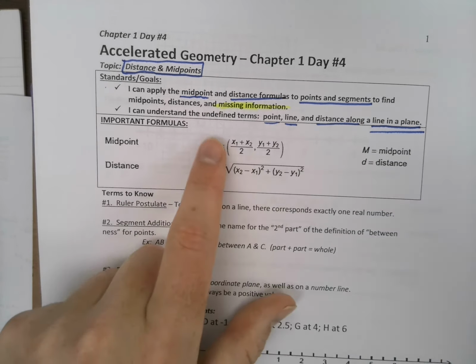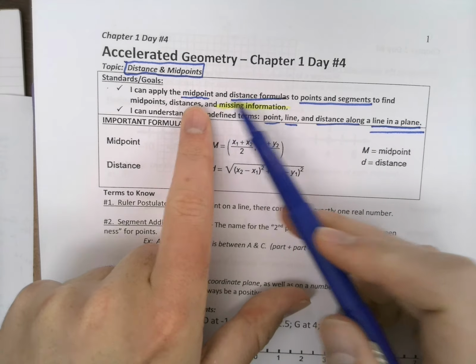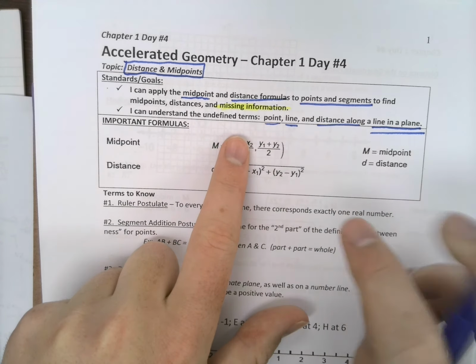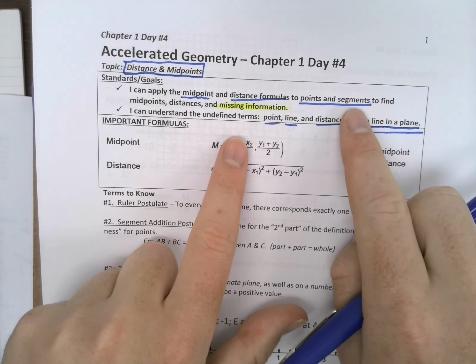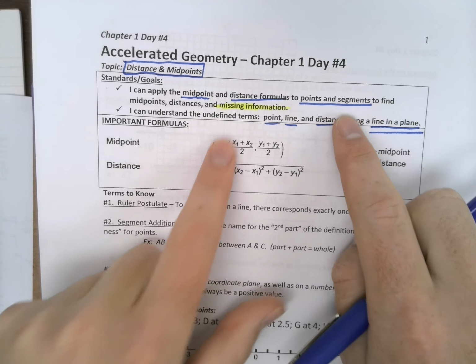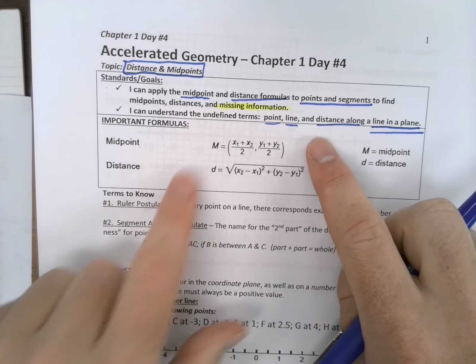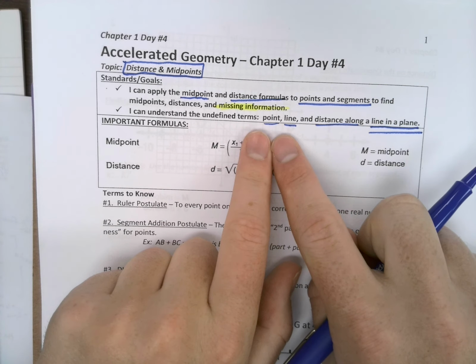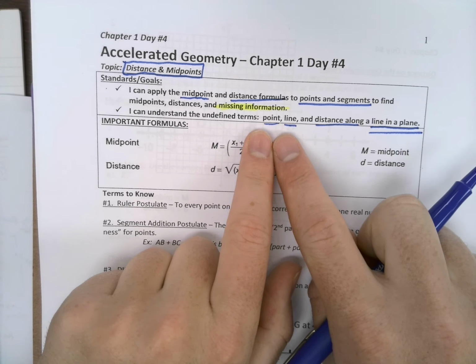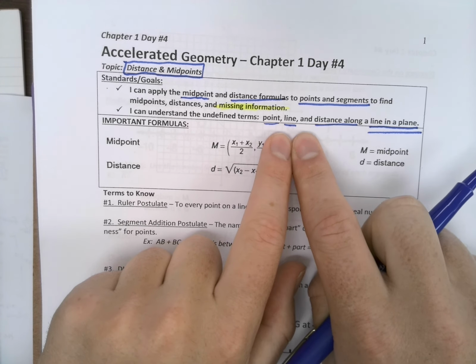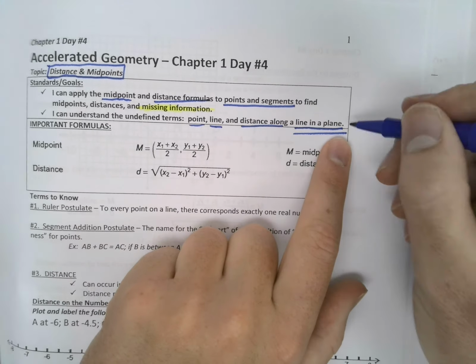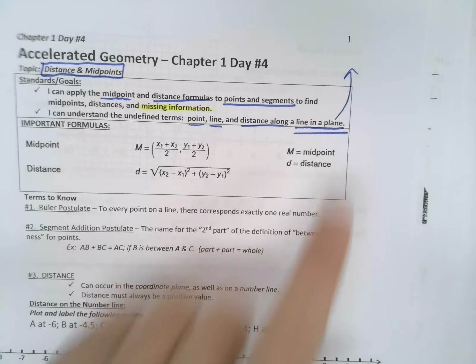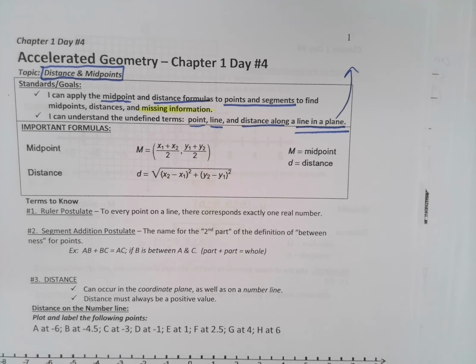So two big things here: being able to apply the midpoint and distance formula to points and segments in order to find missing information, and one that I'm going to really focus on here for a second, understanding and being able to define how we find distance and midpoint along a point and a line when we are talking about a plane.